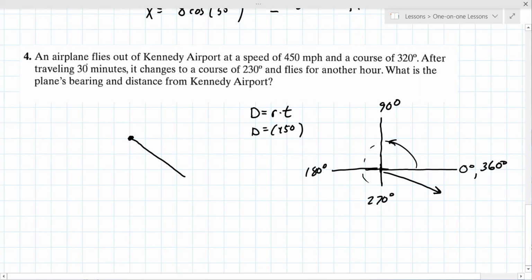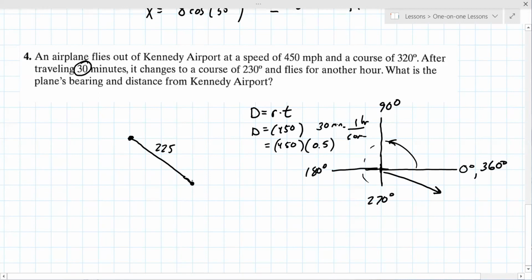Your time though is in minutes, but the rate is in miles per hour, so you have to convert the minutes to hours. 30 minutes is, there are 60 minutes in 1 hour, so the distance is 450 times 0.5. So you go this way, 225. Is that okay?